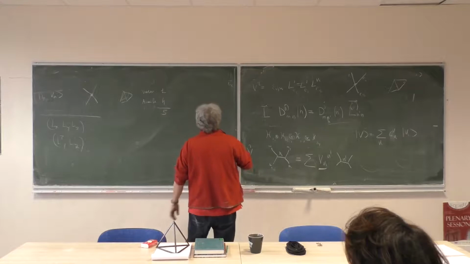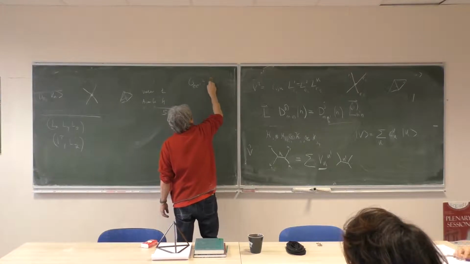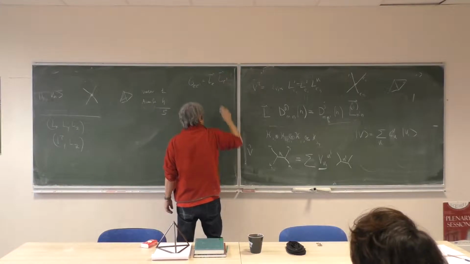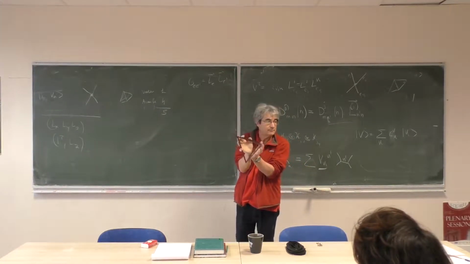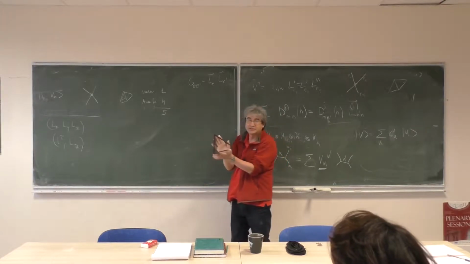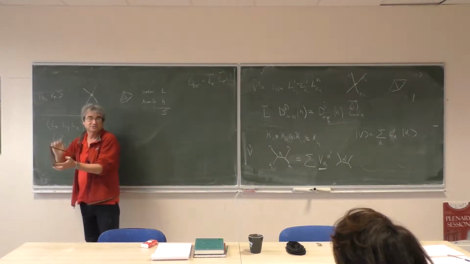Like what? Well, for instance, the operator LL prime measures this angle here. You can write a basis in which this is sharp, but then some of these are not going to be sharp anymore.